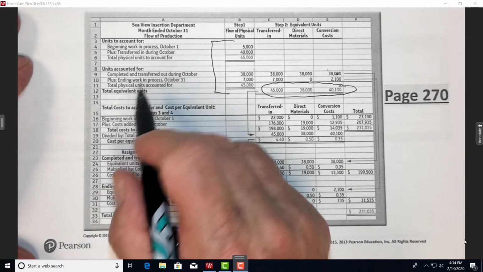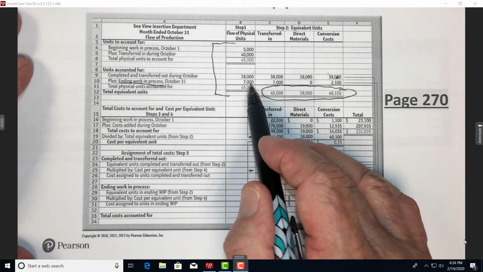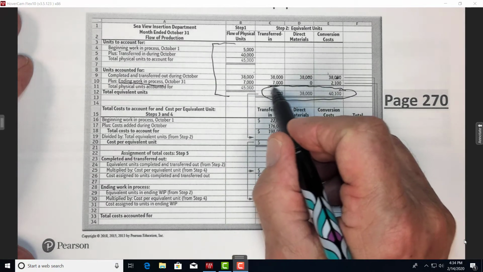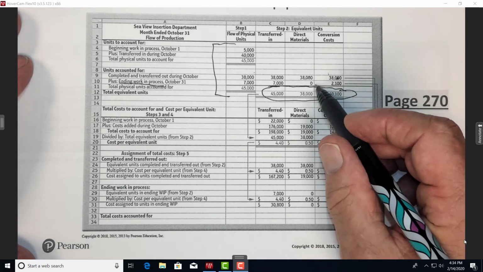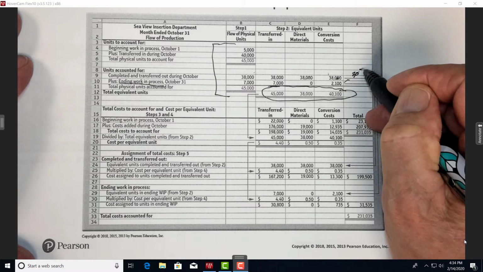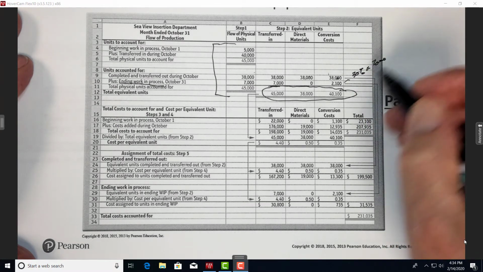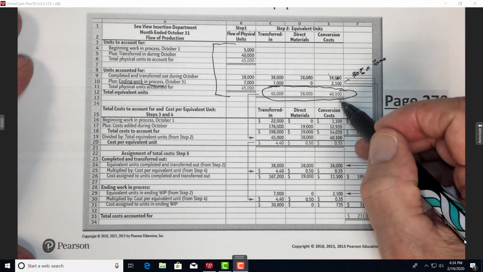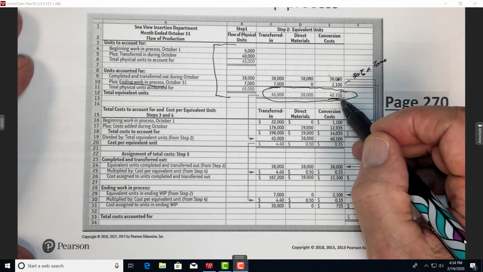Then you have to deal with the ending work in process, which is 7,000. However, the 7,000 is zero in terms of the direct materials and is only 30% done. 30% done times the 7,000 gives you 2,100.